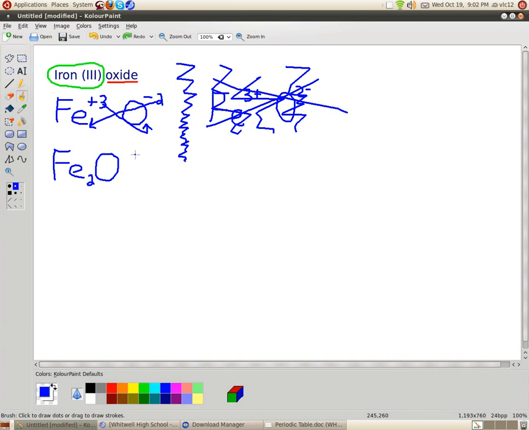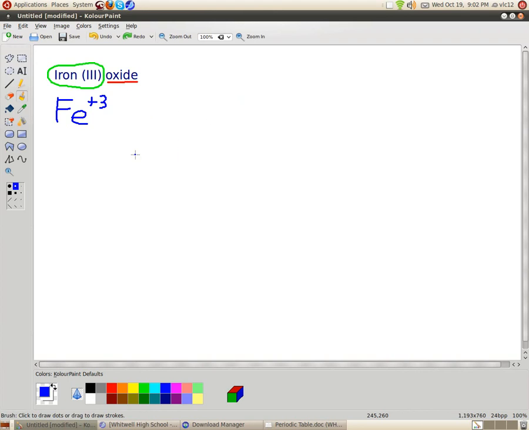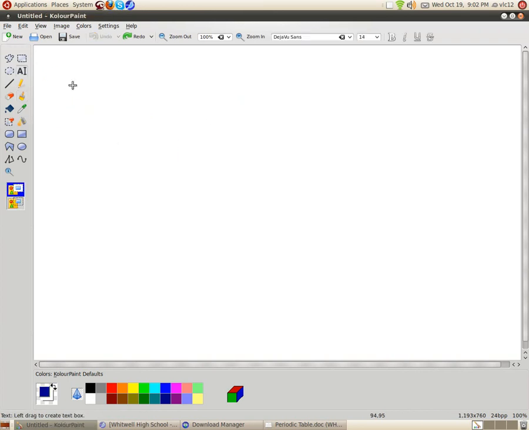Let's look at another one. Let's look at another name, and I'm just going to make one up for us. Let's stick with iron again: iron 3 nitride.